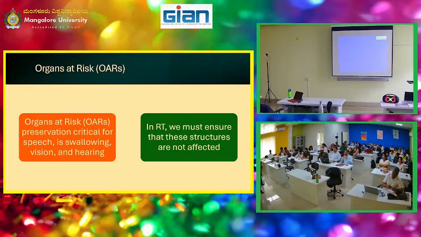Okay. So why are we doing this? Preservation is critical for speech, swallowing, vision, and hearing. You do not want to affect areas of the brain when you're zapping away that could lead to death, essentially, or could lead to a real loss of quality of life. All right, that's the purpose for what we do. And specifically, obviously, these ones are critical. Speech, swallowing, vision, and hearing are kind of the main areas.